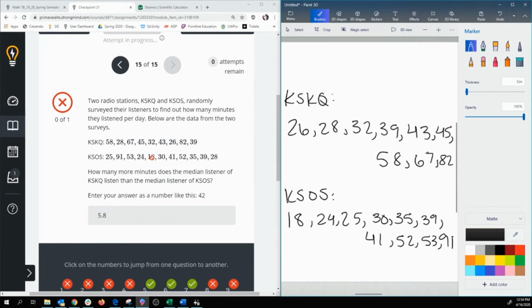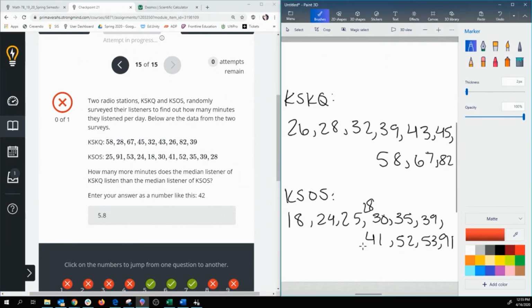No, there's the 18 here. I'm missing one. I only have 10 numbers here, and I should have 11. So 1, 2, 3, 4, 5, 6, 7, 8, 9, 10, 11. I have 1, 2, 3, 4, 5, 6, 7, 8, 9, 10. I'm missing one. The 28. I'm going to put a 28 right here.